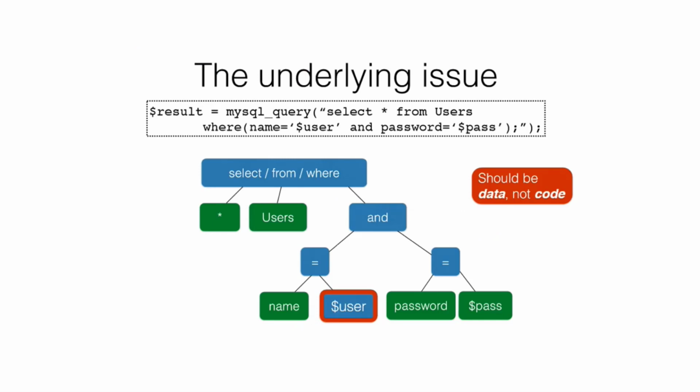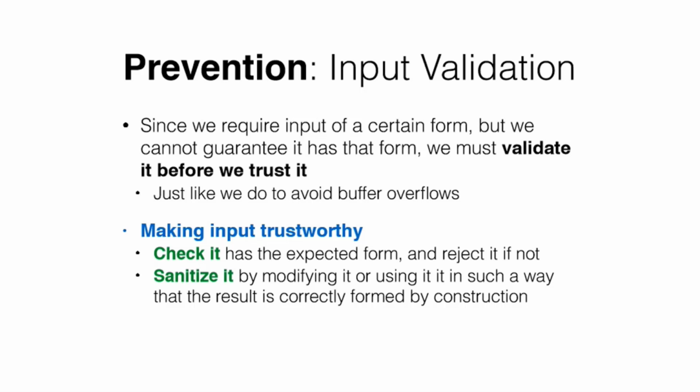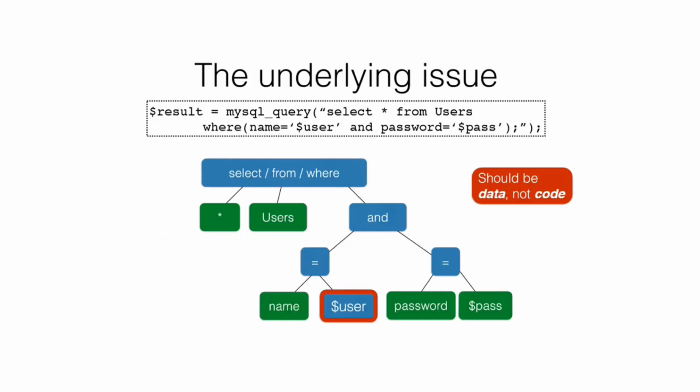The important thing is that the user-supplied input should be put in the form of data, not in the form of code. In the query, select asterisk from users table where name is equal to something, there are two things, $user and $password. They are not hard coded. They depend on user input. So you have to validate the input.